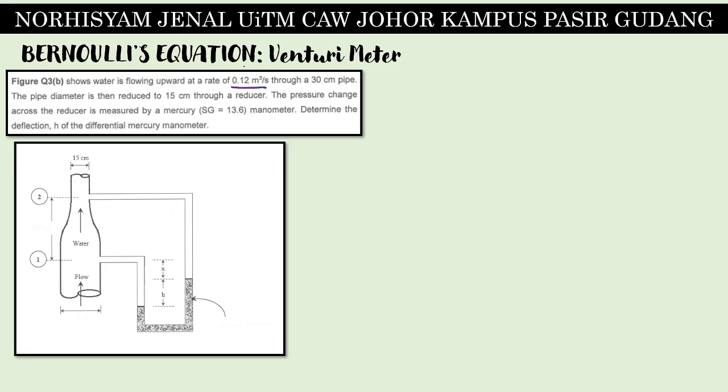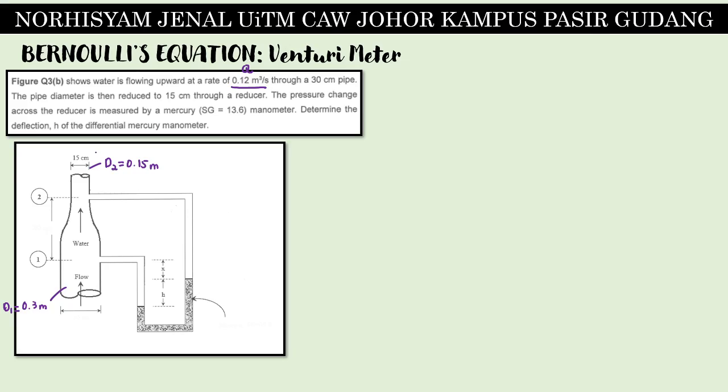So here we already find out what is Q through a 30 centimeter pipe. So this is 30 centimeter, 0.3 meter pipe. So D1 is equal to 0.3 meter. The pipe diameter is then reduced to 15 cm. So D2 is equal to 0.15 meter.